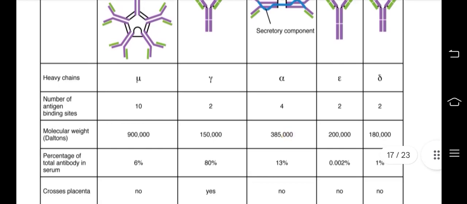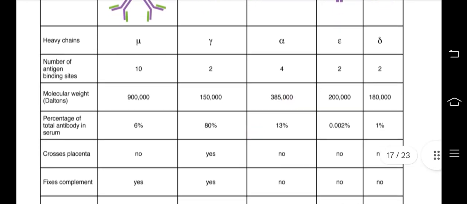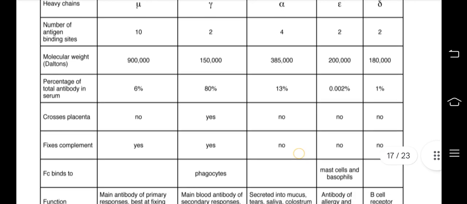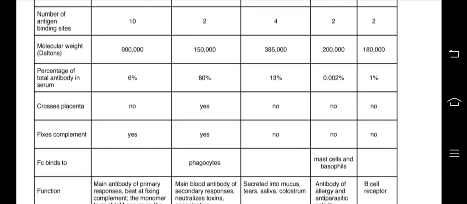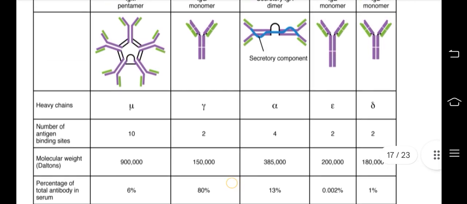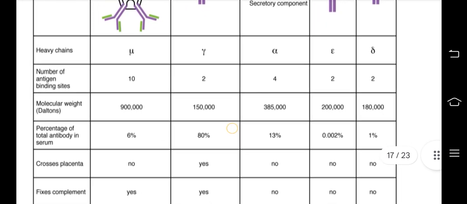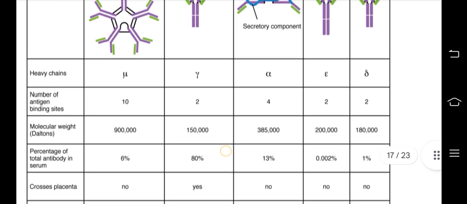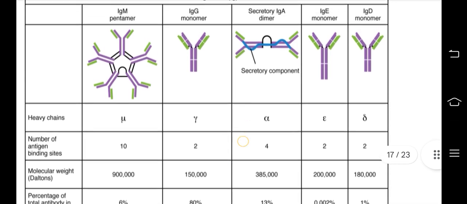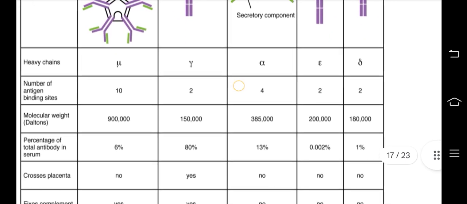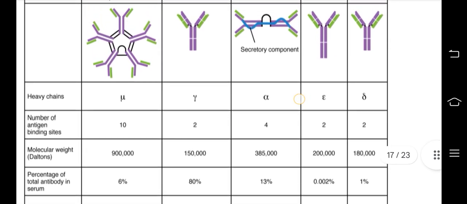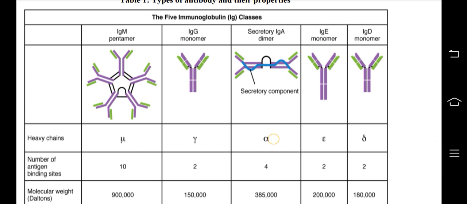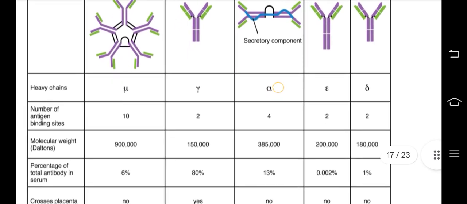Then molecular weight, percentage of total antibody in serum, and crossing the placenta. IgM does not cross, IgG does, and the other three never cross: IgA, E and D. The only one which crosses is IgG.